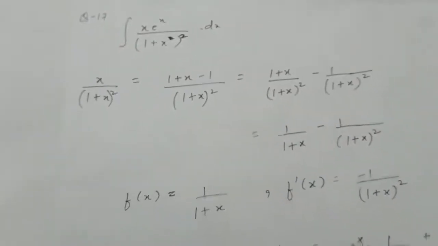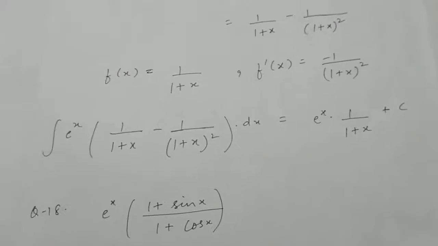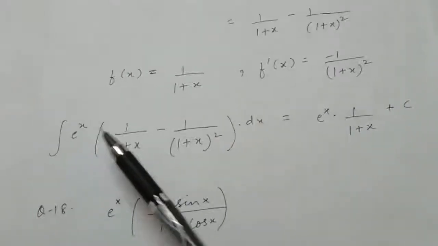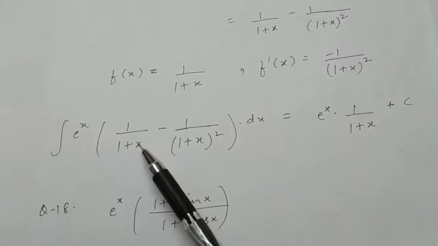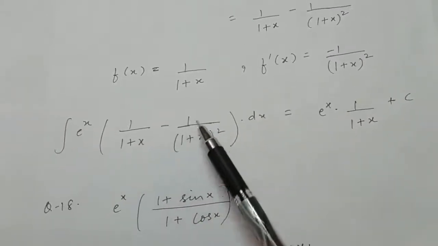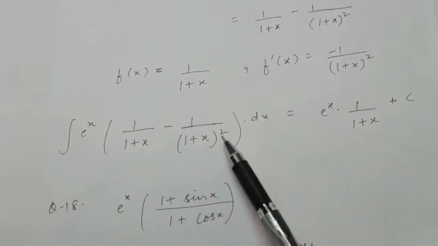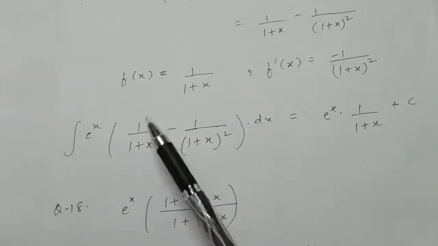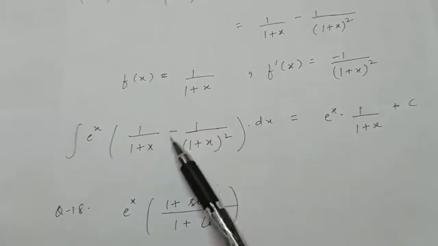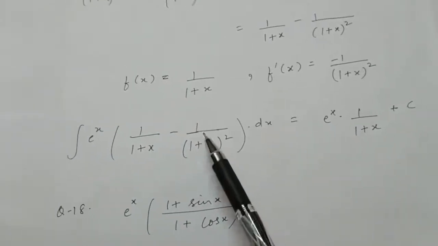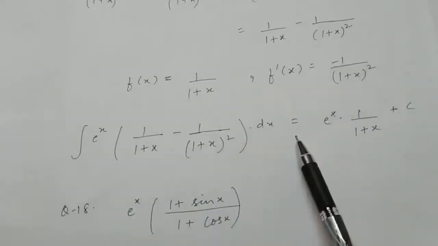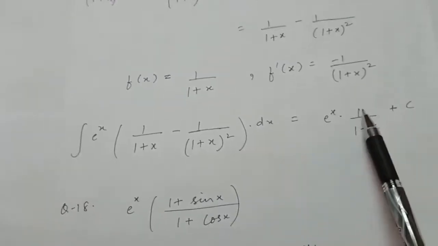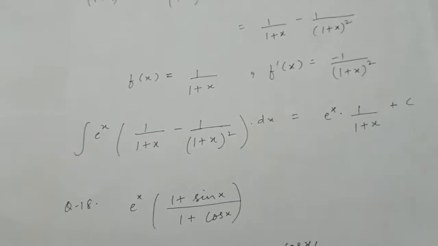So the given integral can be written as the integral of e raised to the power x into [1 upon (1 plus x) minus 1 upon (1 plus x) whole square], that is e raised to the power x into [f(x) plus f dash x]. Therefore we can write the direct answer. This is equal to e raised to the power x into 1 upon (1 plus x), plus c.